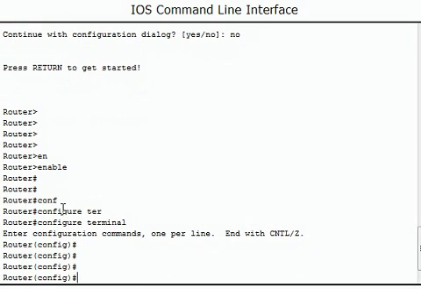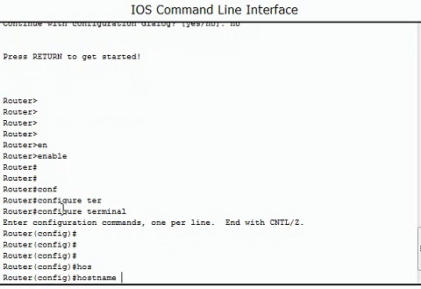Here I will write hostname, and for example this is my router on lab 1, and this is router number 1, so I put r1 underscore lab 1. This is my router r1 on lab 1, and I know where my lab 1 is, so it would be understandable.